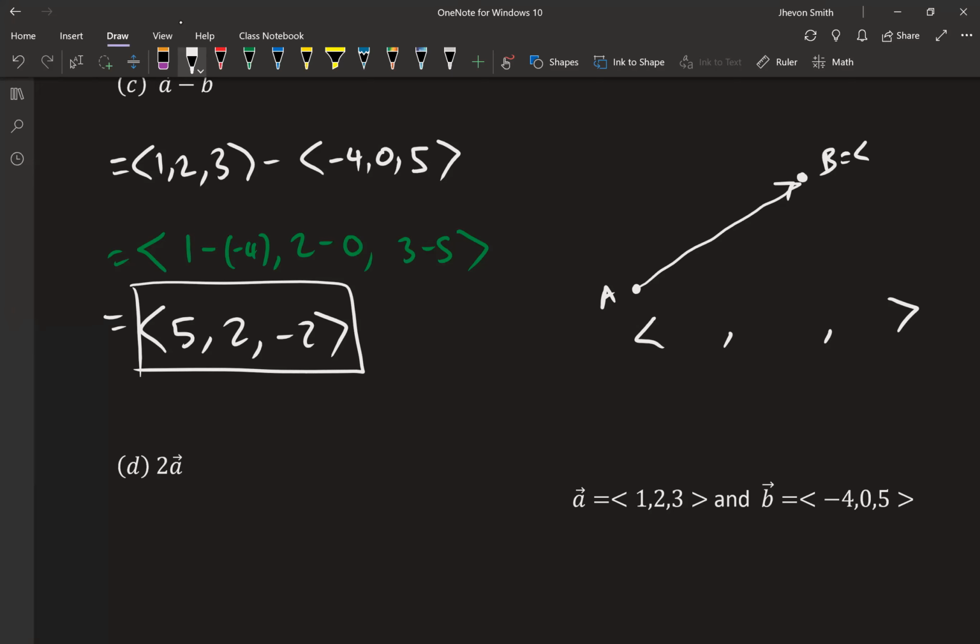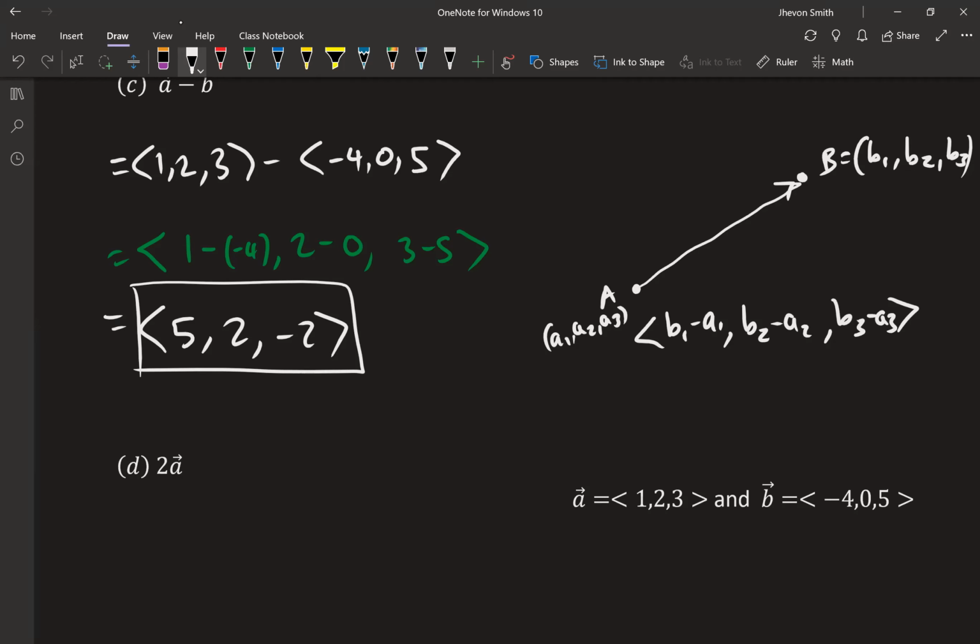So if this is the coordinate B1, B2, B3, and this is the coordinate A1, A2, A3, then the vector that goes from A to B is B1 minus A1, B2 minus A2, and B3 minus A3.